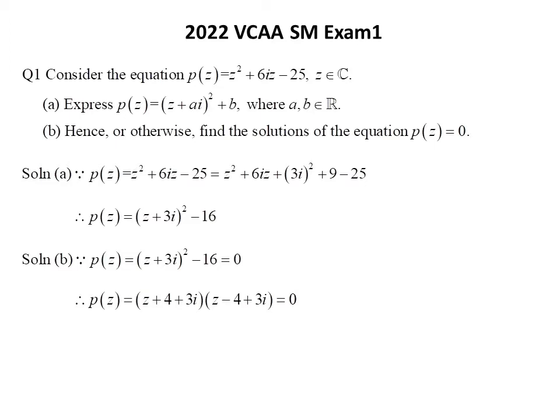After applying the null factor law, we obtain the solution of this question. z1 = 4 - 3i, z2 = -4 - 3i.